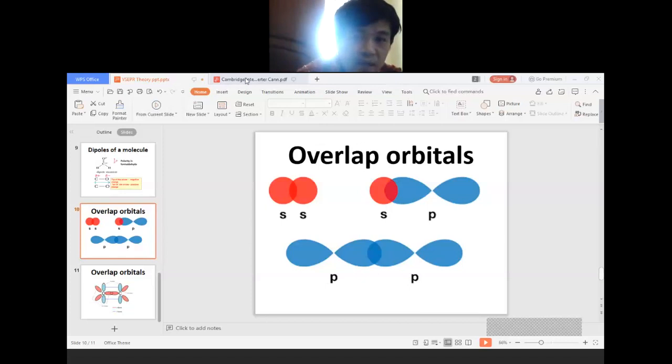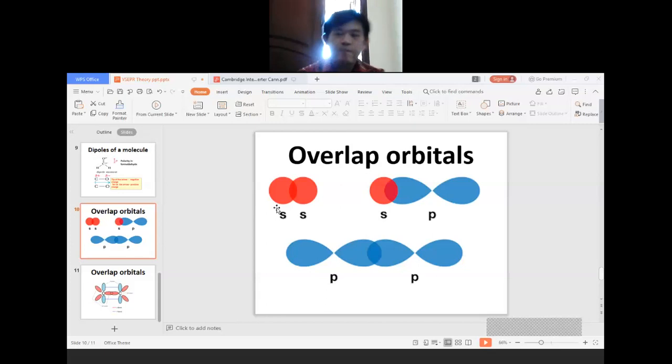This is forming the sigma and pi bonds. From page 63: s orbital, sigma bond, and pi bond. Sigma represents the s orbital. So overlap of s orbitals is called a sigma bond.